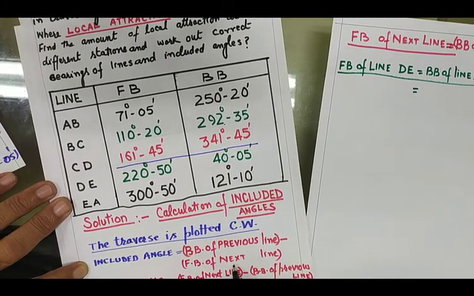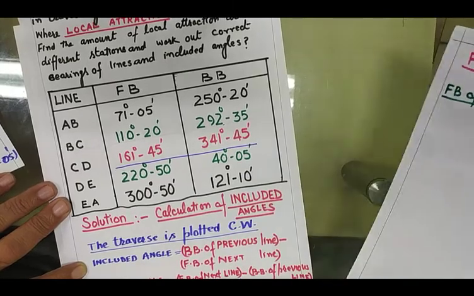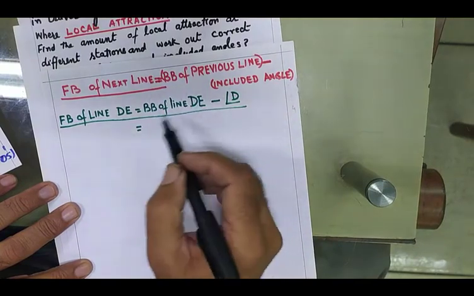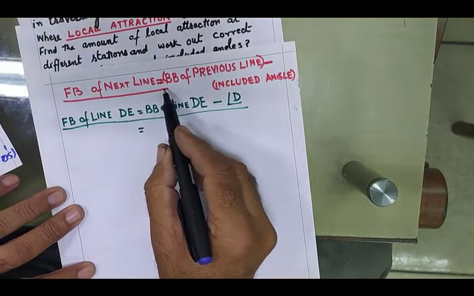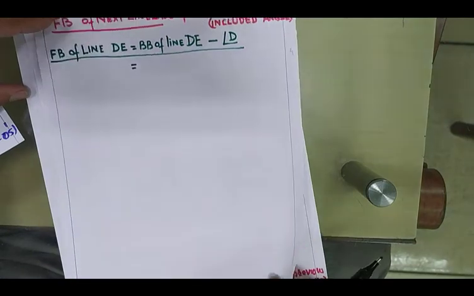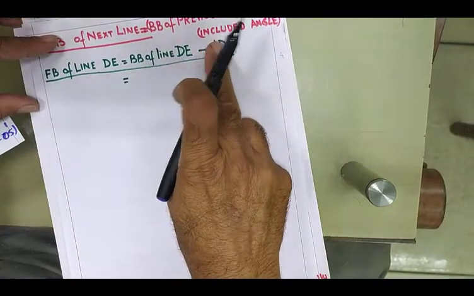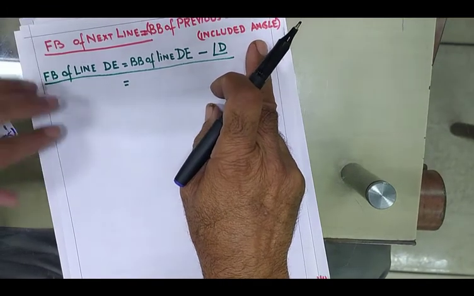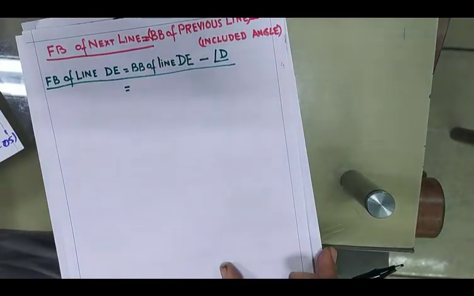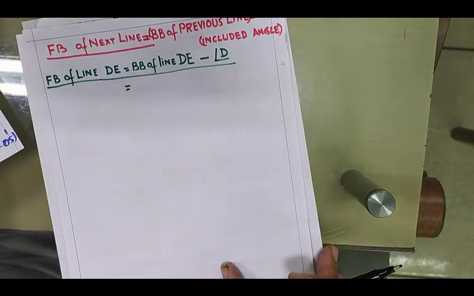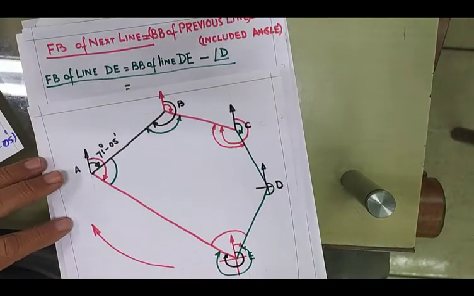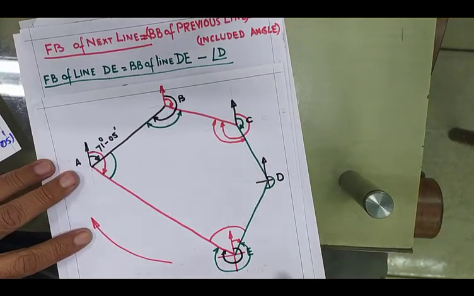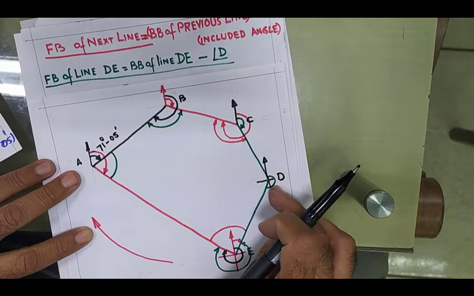From this formula we derive that the forward bearing of the next line is equal to the back bearing of the previous line minus the included angle. So I want to calculate the correct forward bearing of line DE.